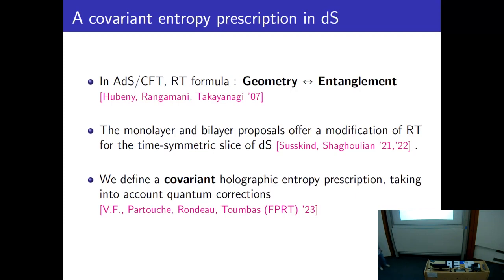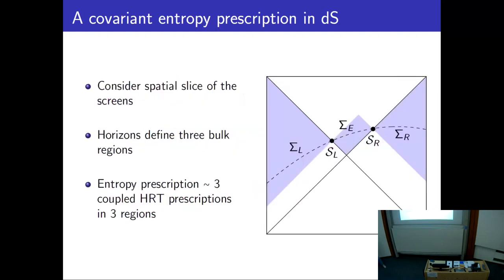So in the paper I'm discussing today, we tried to define a covariant holographic entropy description to compute entropies in this quantum theory defined on the cosmological horizon, which takes into account quantum corrections. I try to summarize it in a few words.